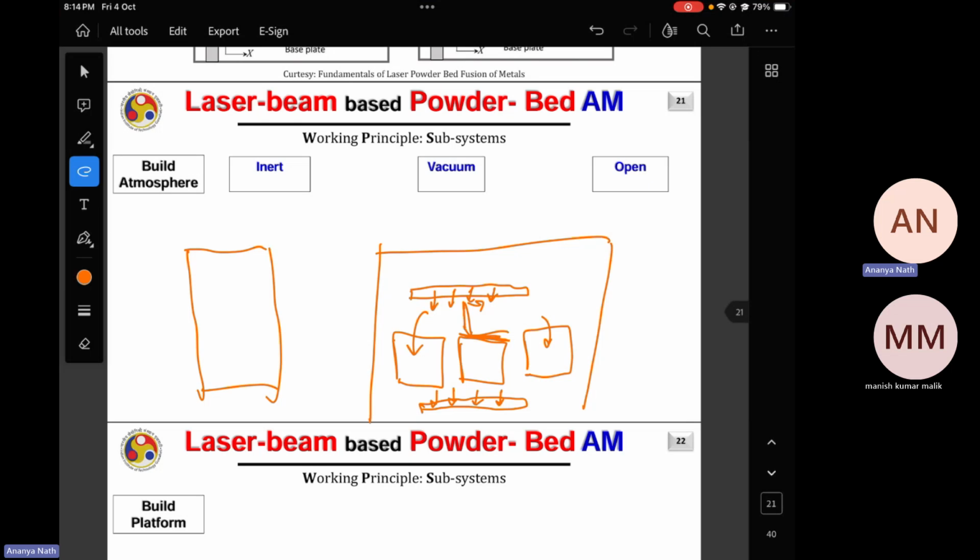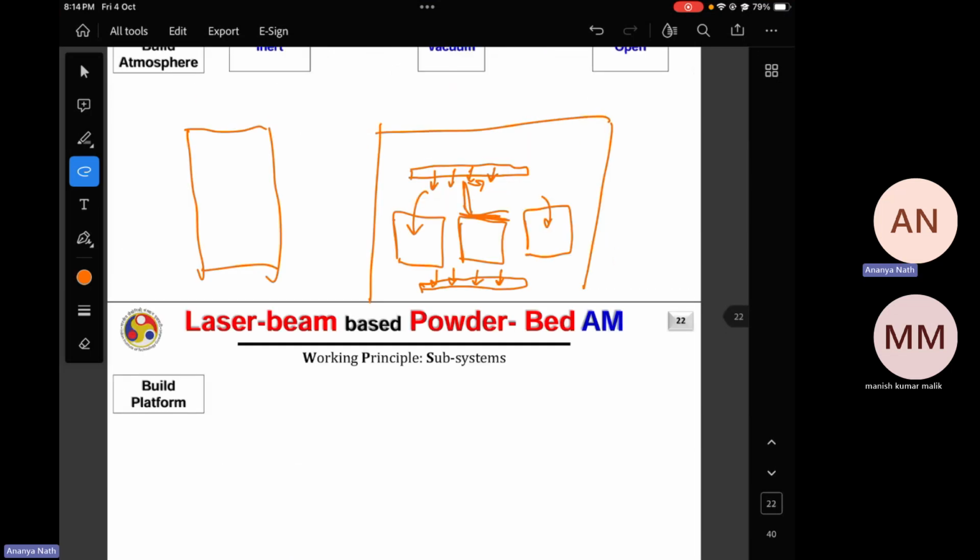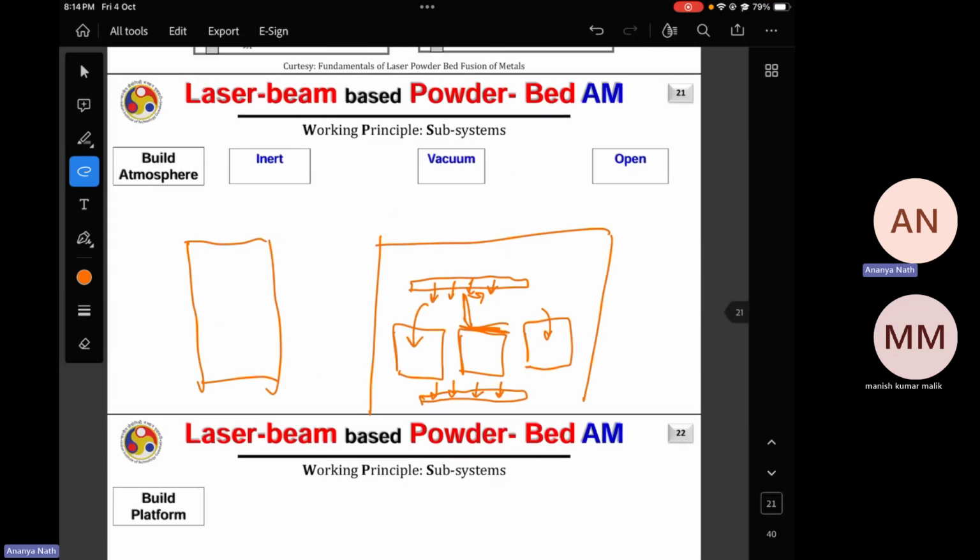The argon gas which is going outside is dirty argon gas, mixed with the flying powder particles and burning fumes. Why burning? The laser is interacting with the powder, so obviously there will be a lot of fumes generated. The laser is melting the metal, so this argon gas is mixed with the fumes.